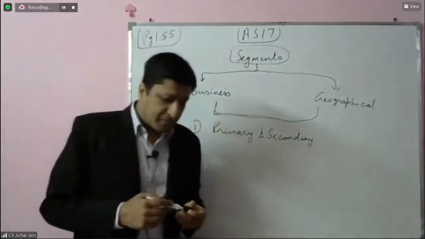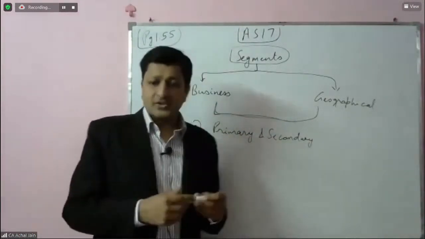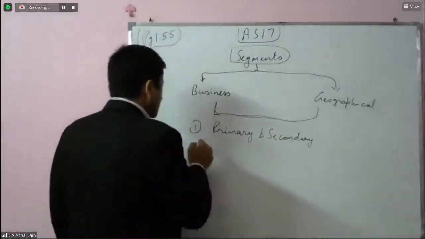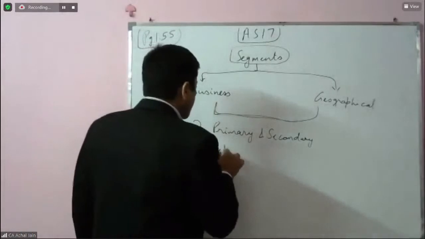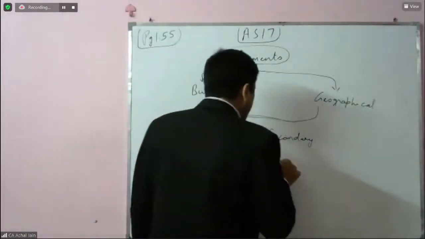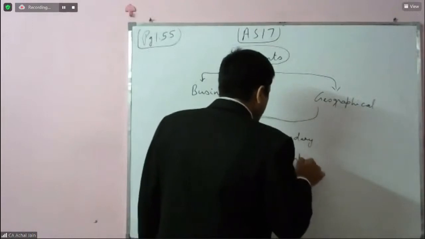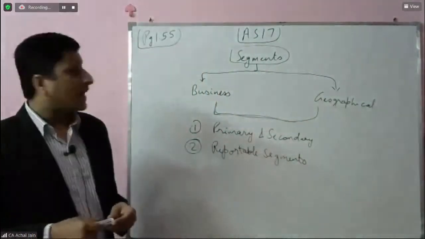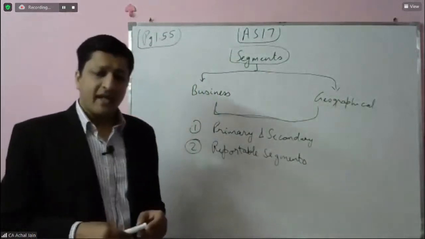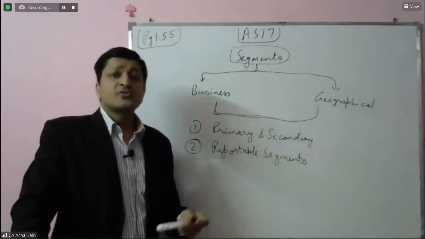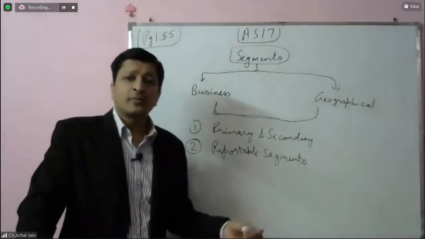So that means you cannot mix and match. Number two, reportable segments are also required to be identified. By reportable segments, we mean that out of the total segments which the business will have, we need to identify which of those are going to be reported.